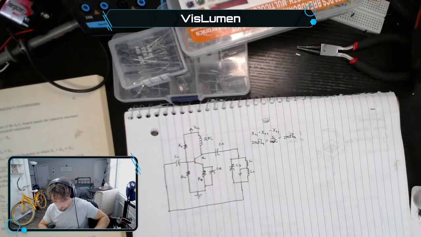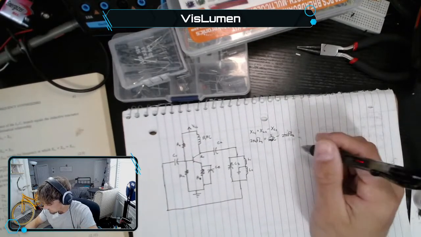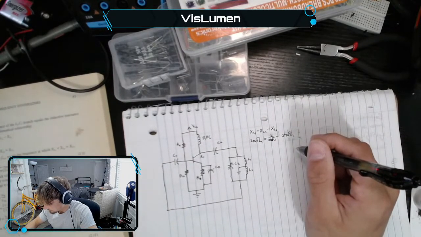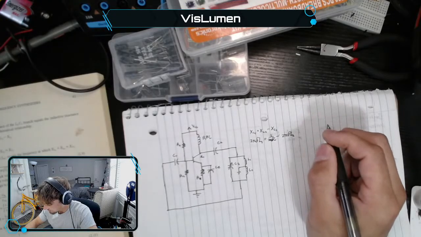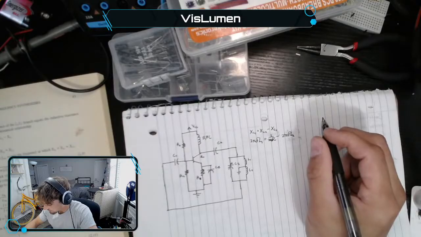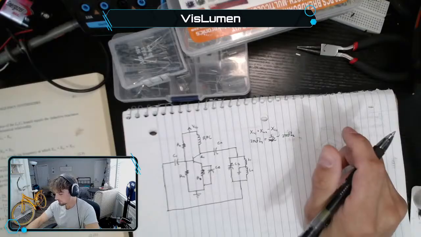Wait, but it's not so easy. Wait a second. Therefore, the frequency of oscillation. Oh, because we'd be solving for f. Yes. Oh, okay. So now we solve for f, essentially. Yeah, that's what's happening. Okay. 2 pi. Wait a second. No. Yeah.